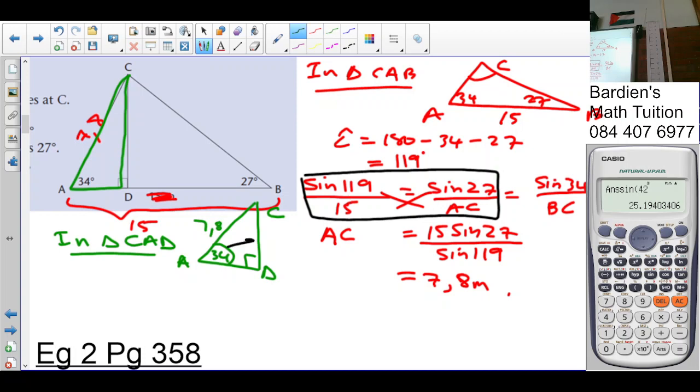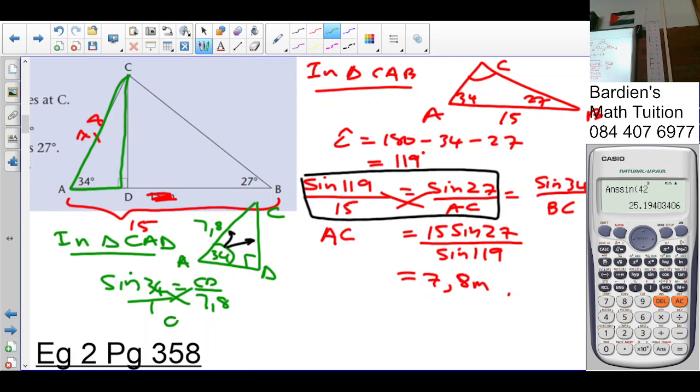Which trigonometric function is opposite and hypotenuse? Sine. So sine 34 equals CD over 7.8.